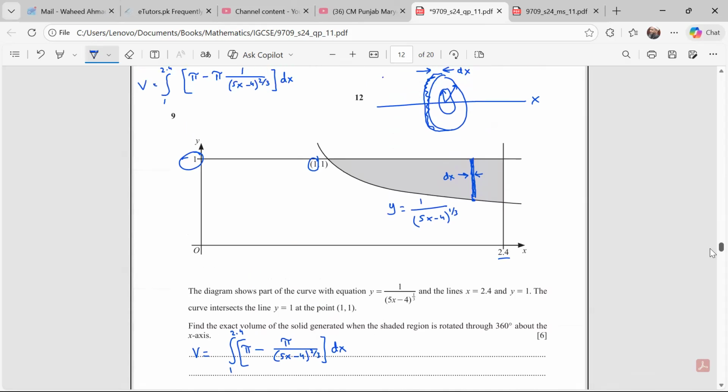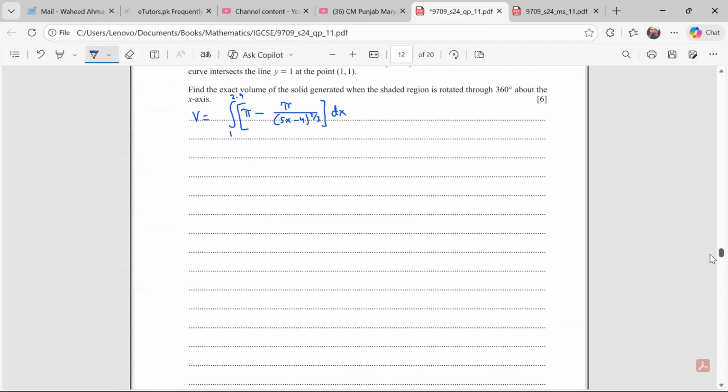Now how will I solve this integration? Can I write it like this: pi times the integral from 1 to 2.4 of dx, minus pi times the integral of (5x minus 4) to the power minus 2/3 dx, from 1 to 2.4.